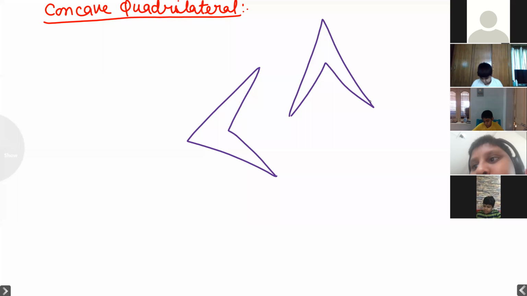What about a concave quadrilateral? At least one diagonal will lie inside and the second diagonal will lie outside the figure. Note down the concept.